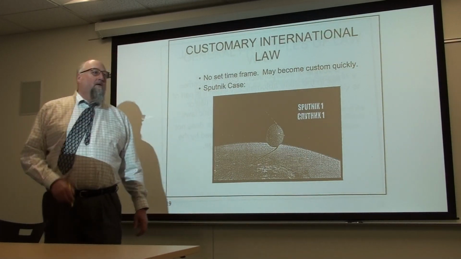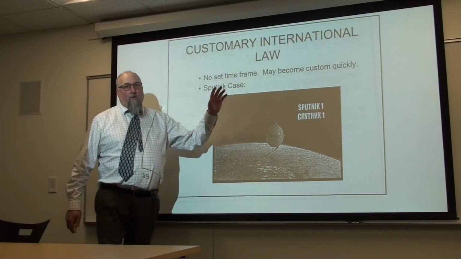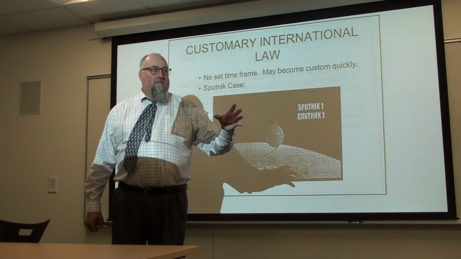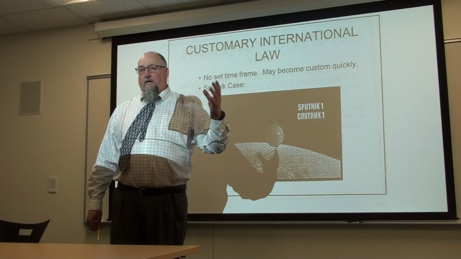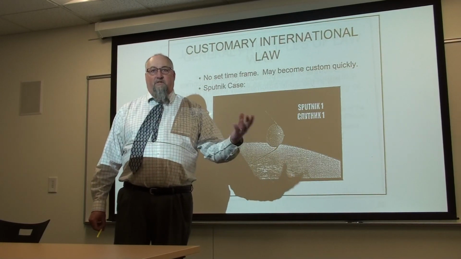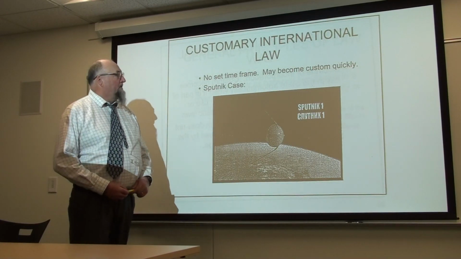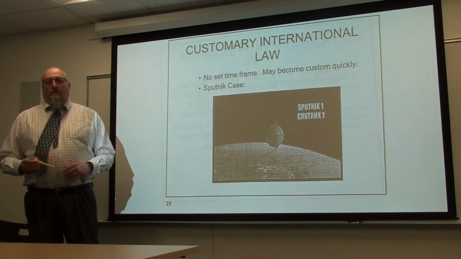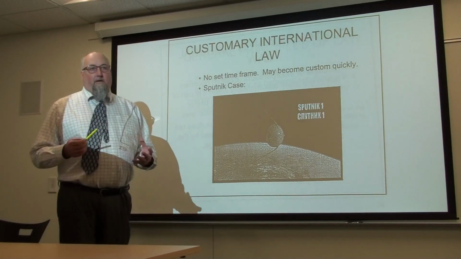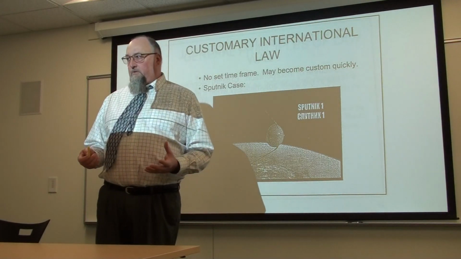So the Sputnik was the first satellite, and it was put up by the Soviet Union back when President Kennedy was president. And so, interesting idea here when we talk about international law and custom.